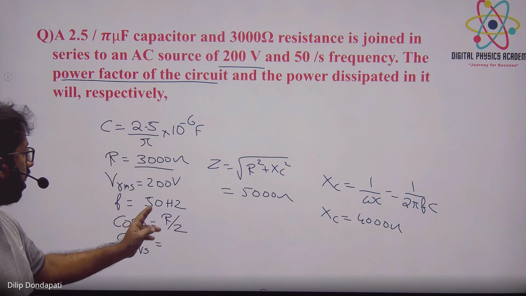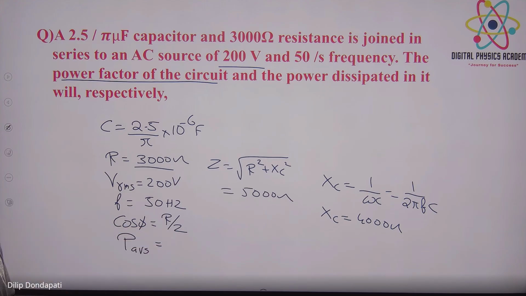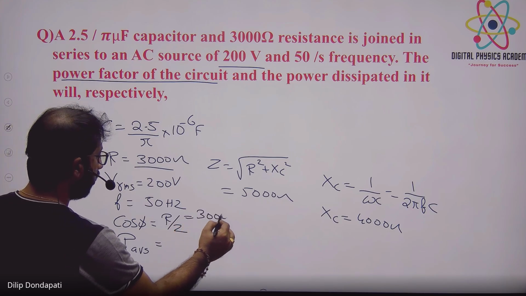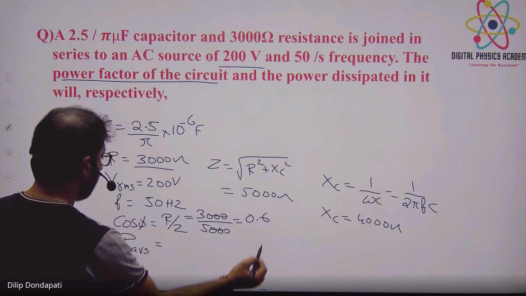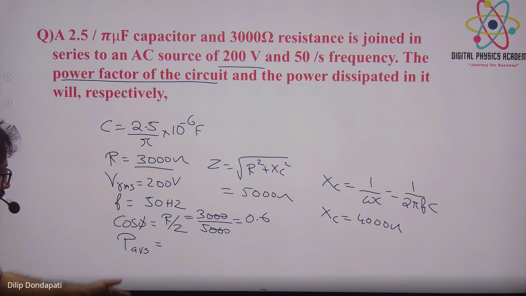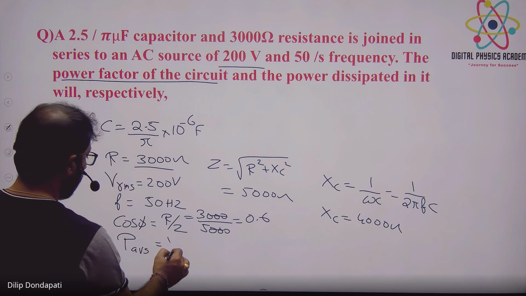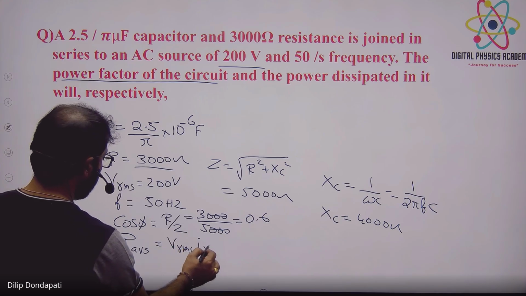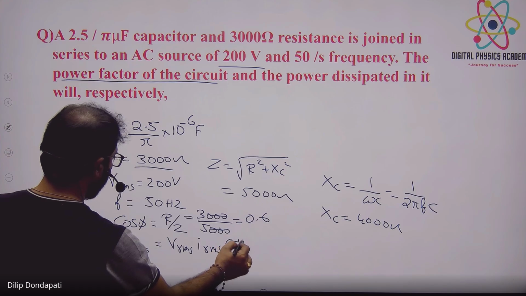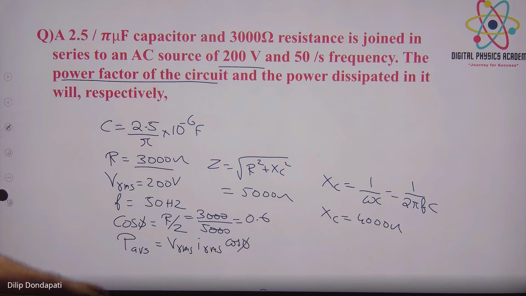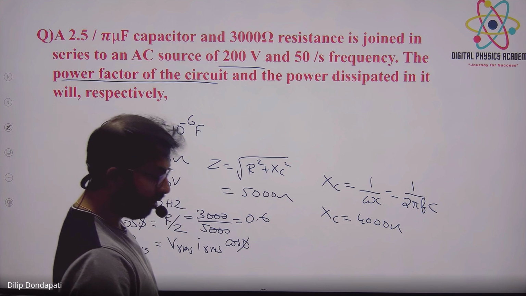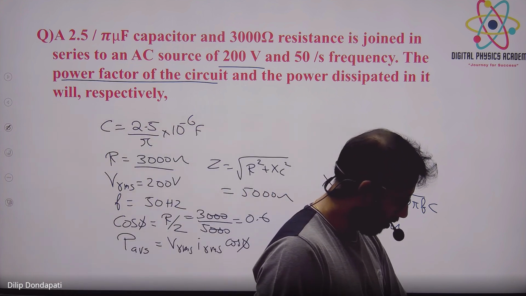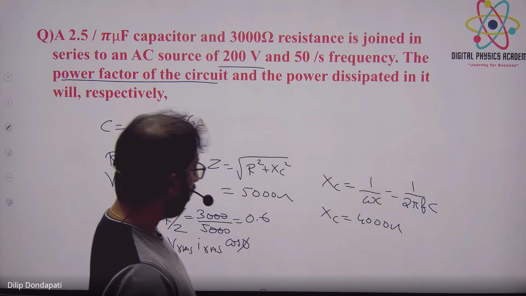So R by Z is how much? 3,000 by 5,000, so cancel, 3 by 5, 0.6. Power factor doesn't have any units. Now find P average, which is VRMS into IRMS into cos phi. IRMS you already know: VRMS by Z. Solve, how much will it come? It will come in decimal. Tell the answer.